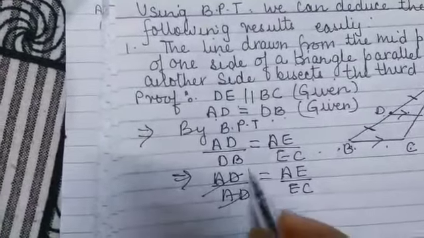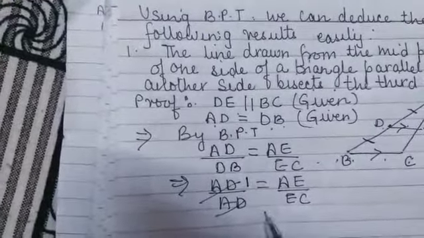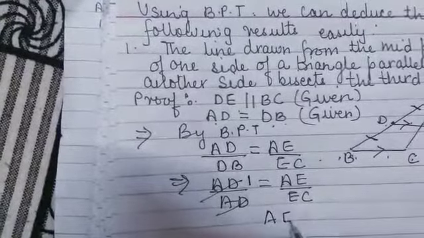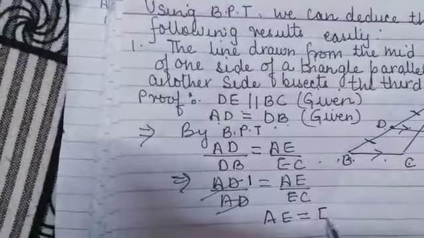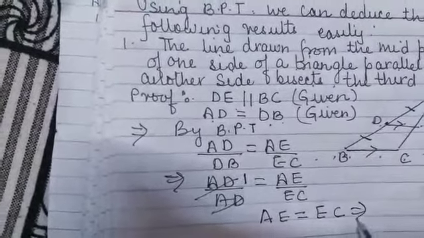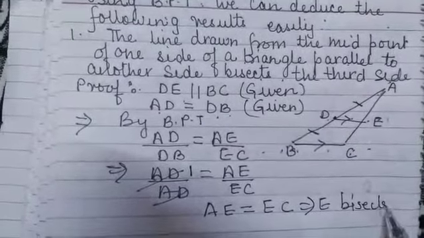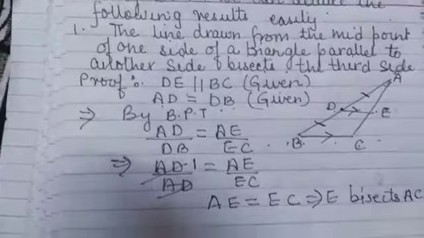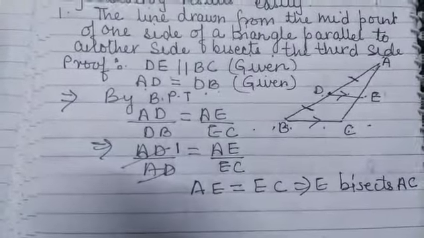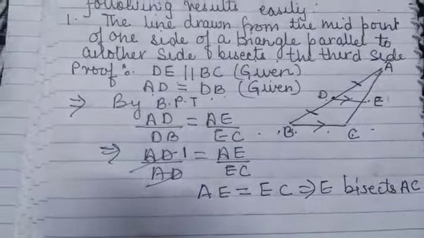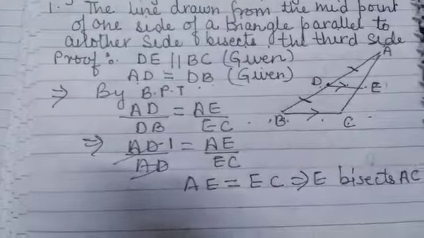Right. Now AD upon AD will be 1. So what do we come to? We come to the conclusion that AE is equal to EC. That is, E bisects AC. Clear to you? Because here AD and DB are equal, so in place of DB, I can write AD also.